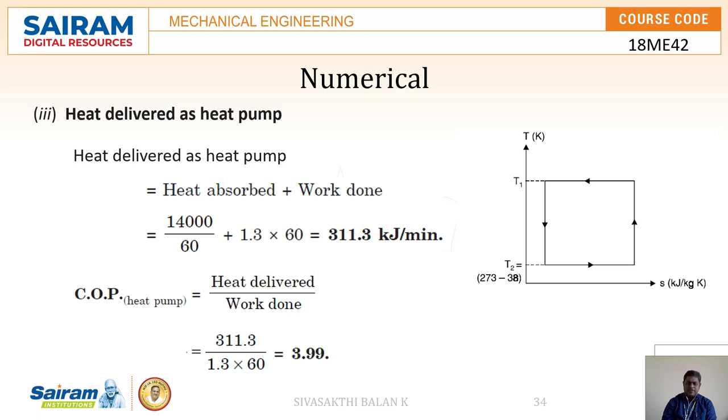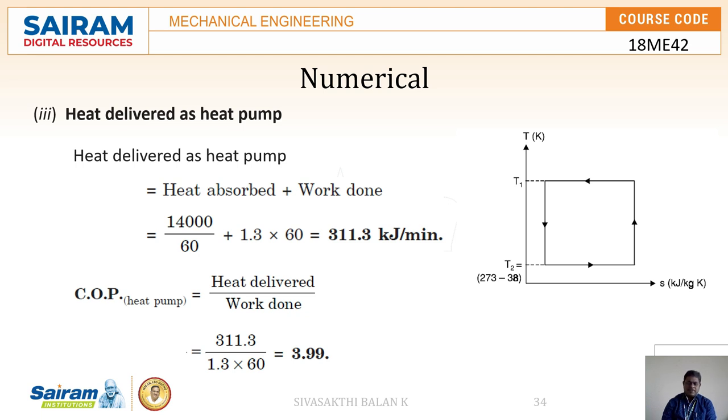Whereas in the heat pump condition, the heat is delivered to the space where we want to maintain the temperature at a higher level, they don't want to lose the temperature in that particular space, like a heater. That is nothing but the heat pump. In that case, the COP is the heat delivered to the system to the work done. And heat delivered is nothing but heat absorbed plus work done.